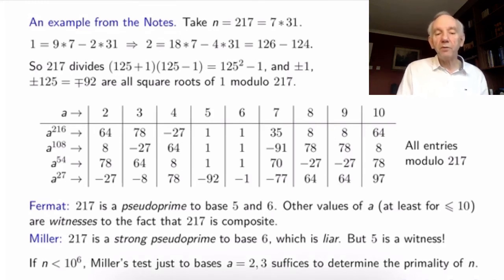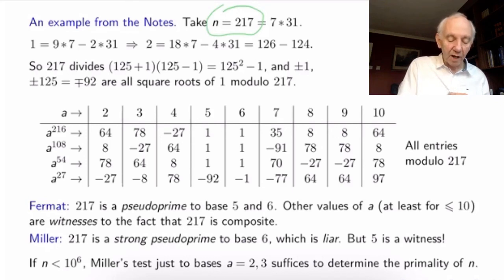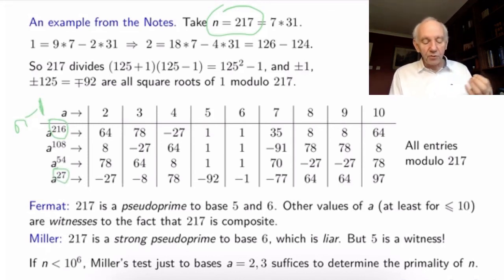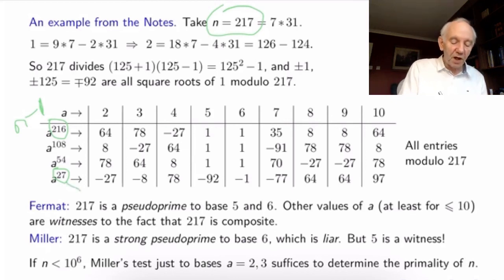So if I'm given an integer and I want to work out whether it passes Miller's test, I would take n-1, remember this is n-1 here, and keep dividing it by successive powers of 2 until I get an odd number, and then I would start by computing a to that power, because this will be the smallest exponent, it's the easiest to compute.